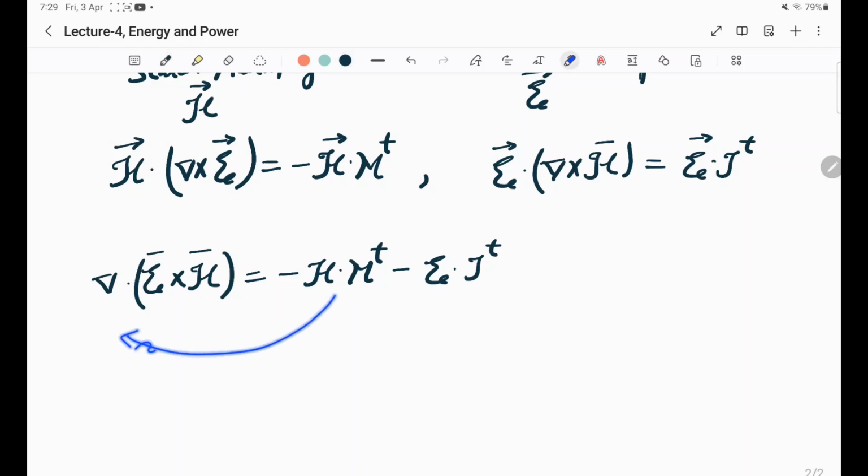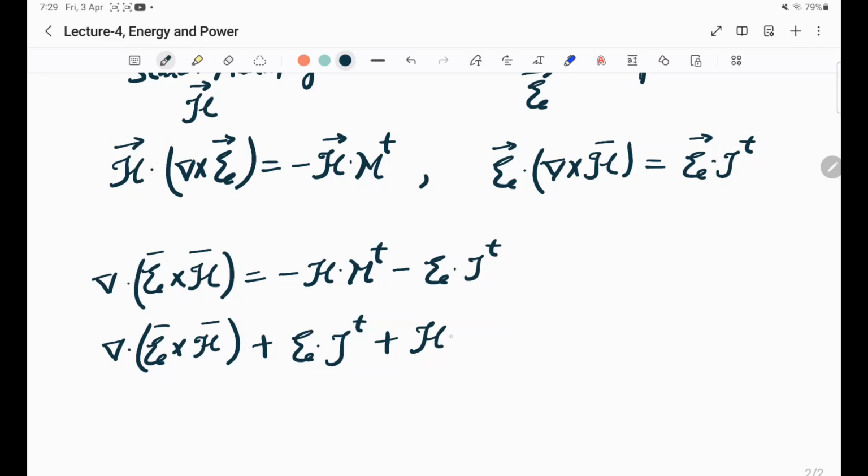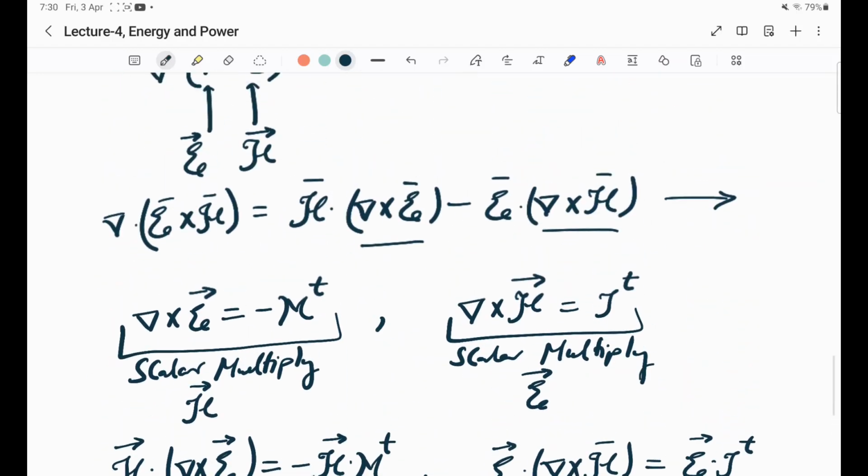Now if you bring these two terms to the left hand side, you will finally get del dot E cross H plus E dot J total plus H dot M total is equal to 0. Let me call this equation number 2, and let's call the earlier identity equation number 1.